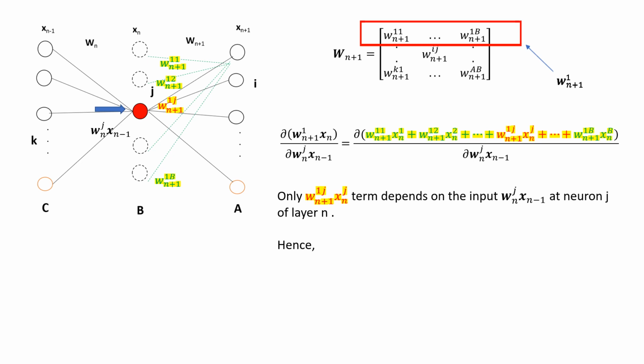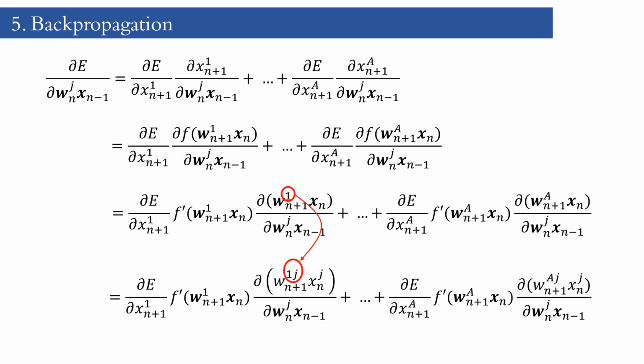Because of this, the derivative gets simplified like this. As a result, we can write the derivative of the error at node j as a summation of error derivatives at layer n plus 1, that is partial E upon partial xn plus 1 multiplied by some other term corresponding to layer n plus 1.